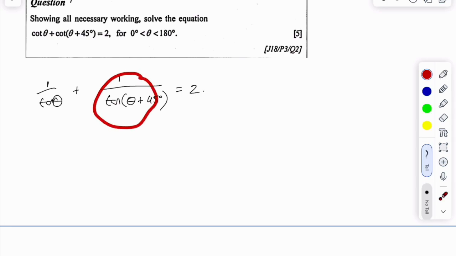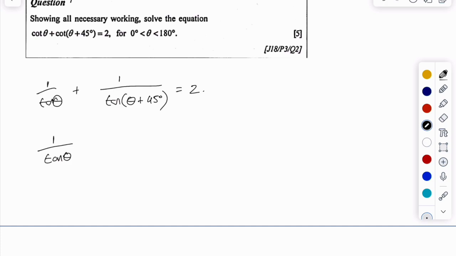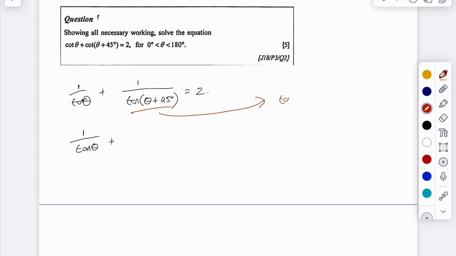Okay, now remember that tan theta plus 45 can be expanded, right? Well, if we look at the technical identity, tan A plus B is equal to tan A plus tan B over 1 minus tan A tan B, right?